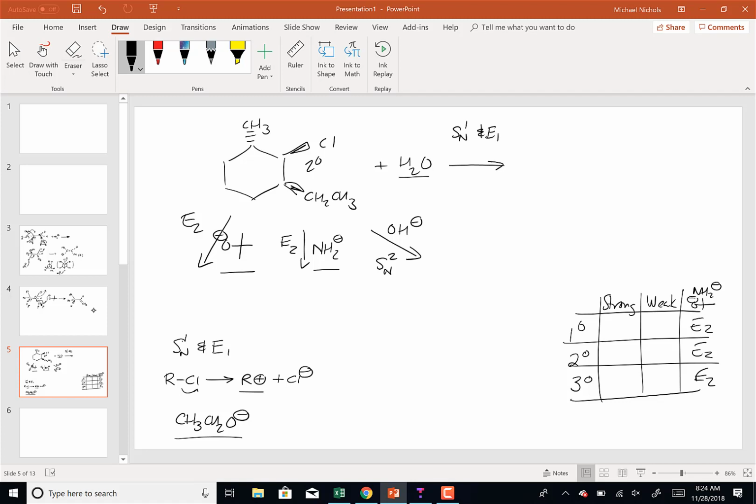What's the major product of the E1 mechanism? It's always the alkene that is most stable, most substituted.